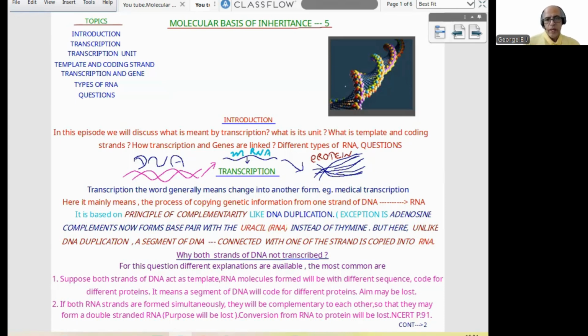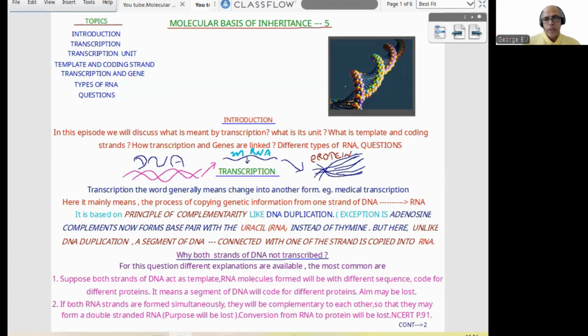So in RNA we can find uracil, in DNA we can find thymine. But unlike DNA duplication, here only a segment of DNA will be involved, connected with one of the strands, changed into RNA. That is how these two differ, DNA duplication and transcription. I think the idea is clear to all of you, a popular question.